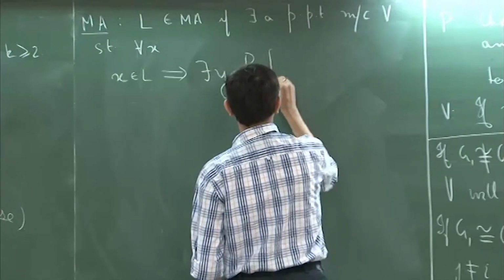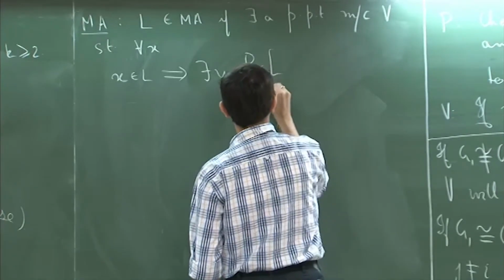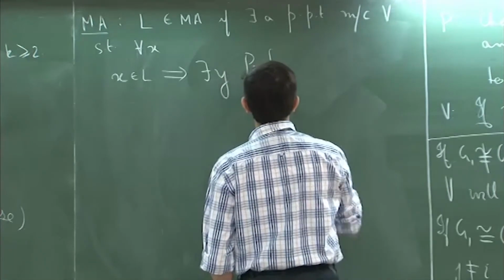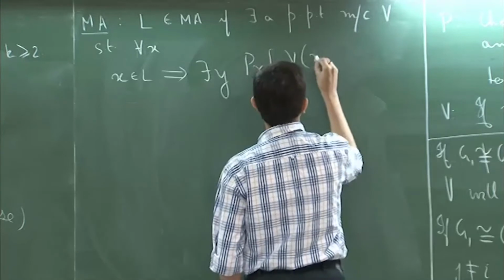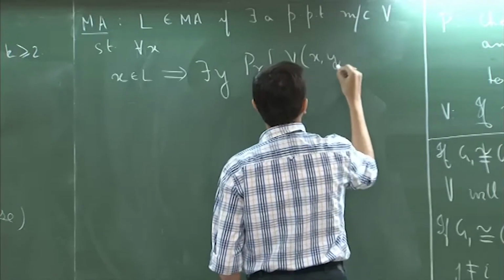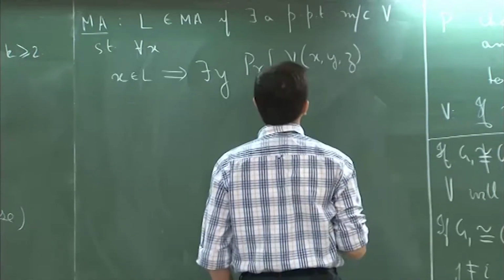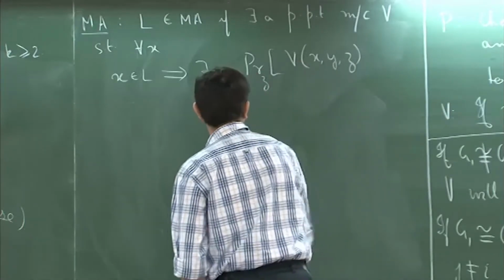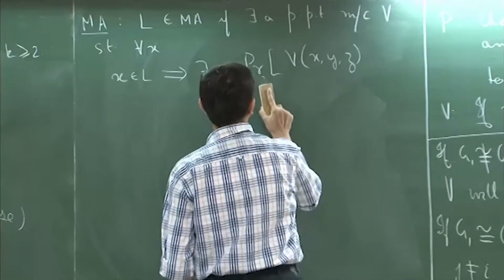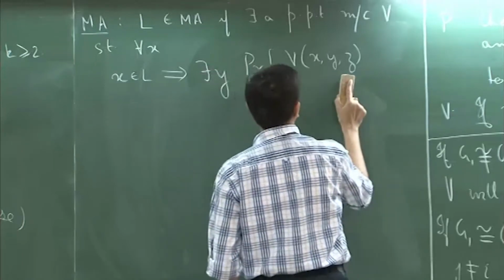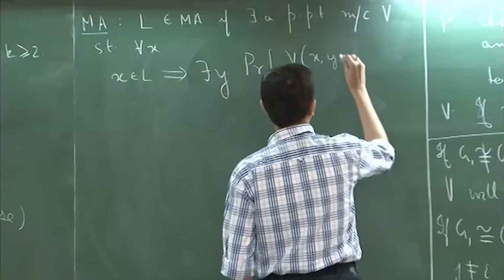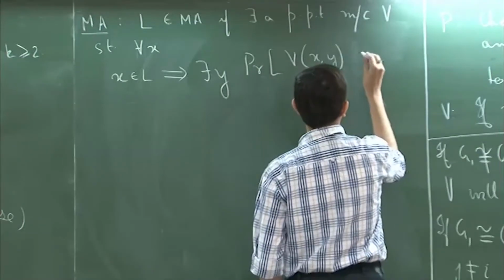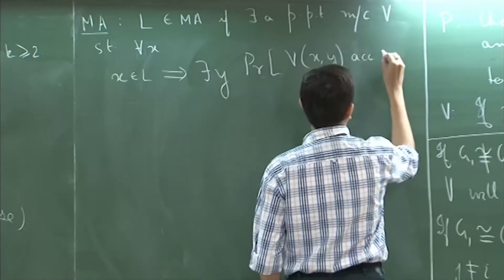That is, with probability over z, V given x, y and z accepts. Okay, so this is a probabilistic machine.